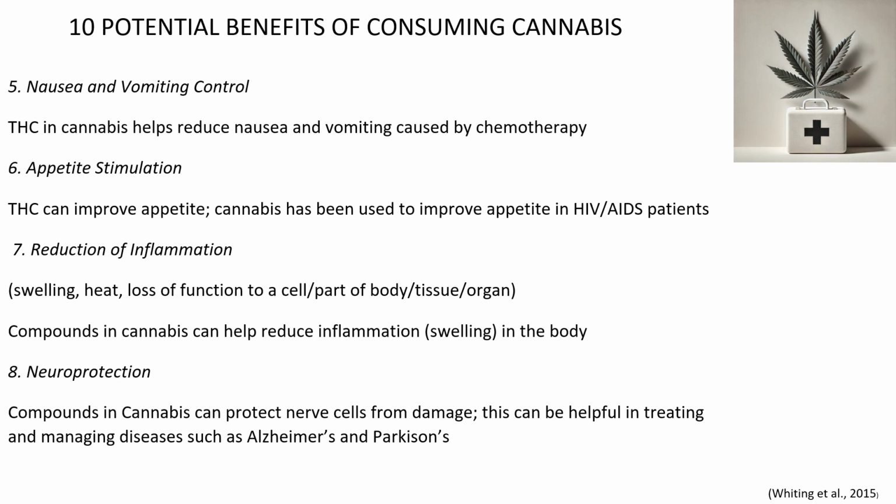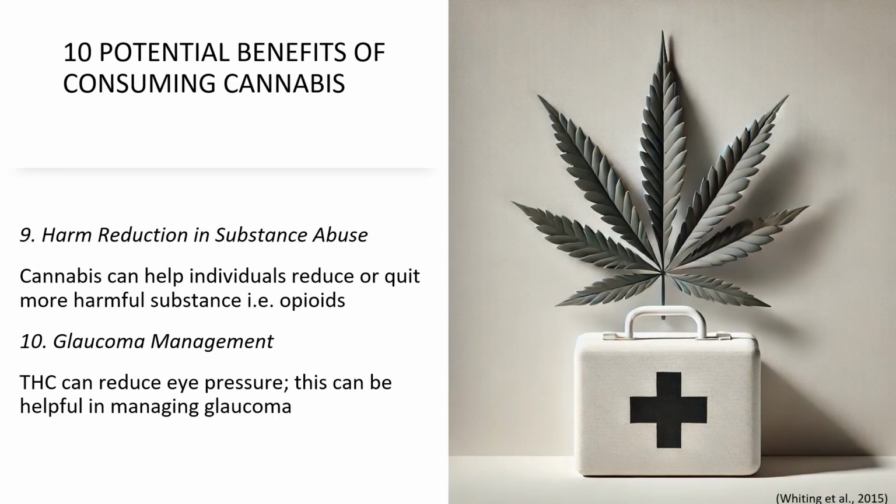Number 7, reduction of inflammation. Inflammation is swelling, heat, or loss of function to a cell, part of body, tissue, or organ. Compounds in cannabis can help reduce inflammation in the body. Number 8, neuroprotection. Compounds in cannabis can protect nerve cells from damage. This can be helpful in treating and managing diseases such as Alzheimer's and Parkinson's.